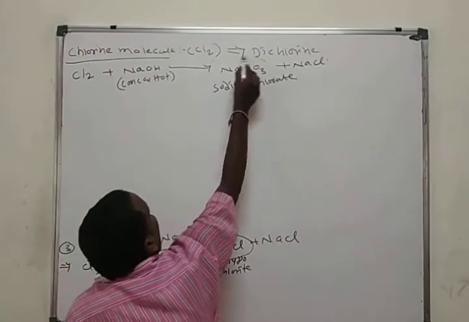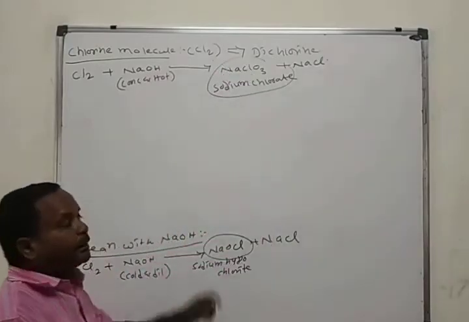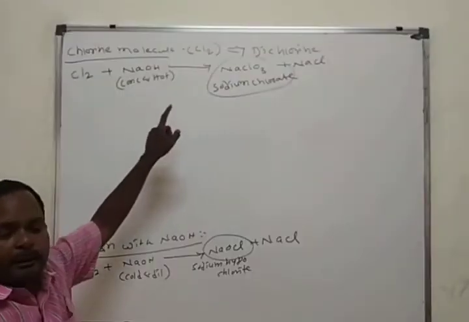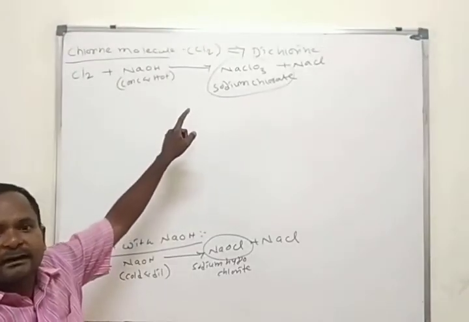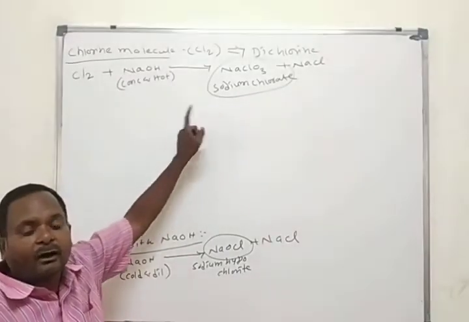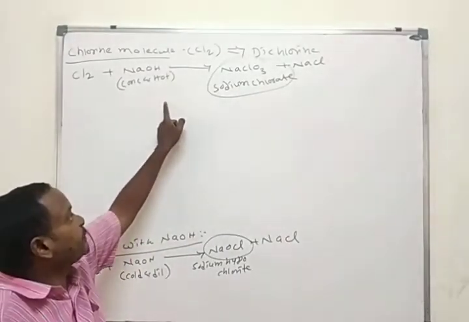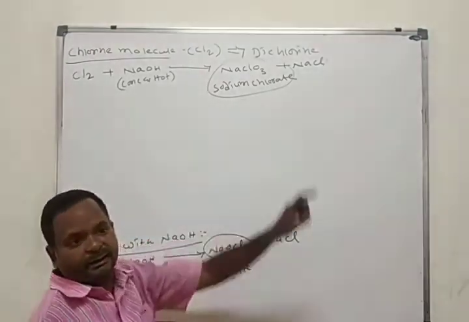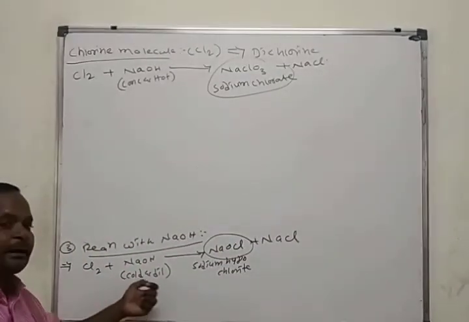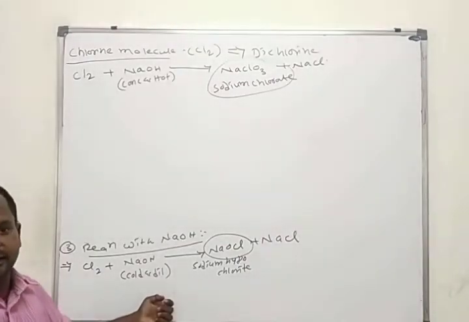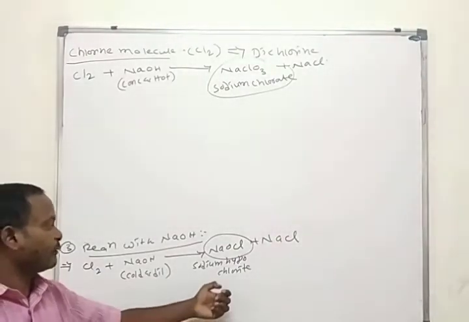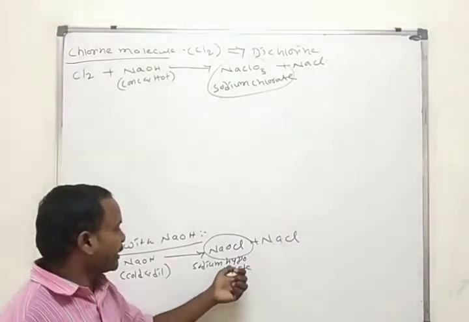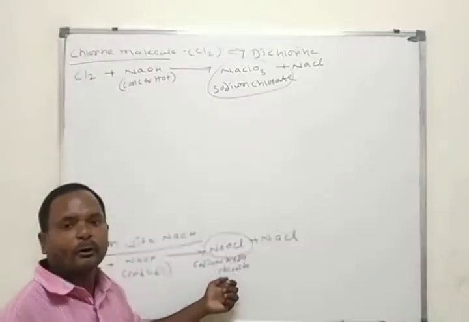Here, when chlorine reacts, the reagent is the same but the conditions are different. With hot and concentrated sodium hydroxide, we got sodium chlorate. With cold and dilute sodium hydroxide, we got sodium hypochlorite.